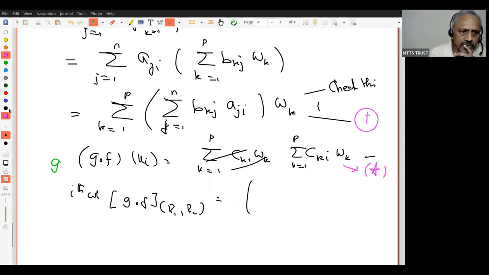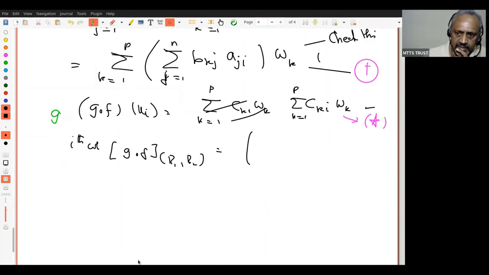These two things, what do they say? This says my c_ki, for a fixed k, is going to be summation b_kj a_j, j running from 1 to n. You understand this? Are you sure?